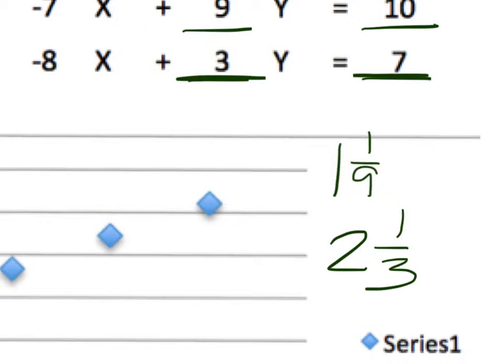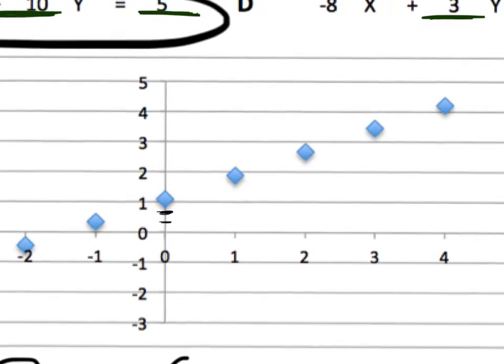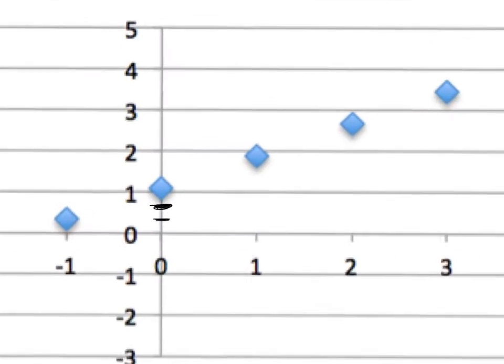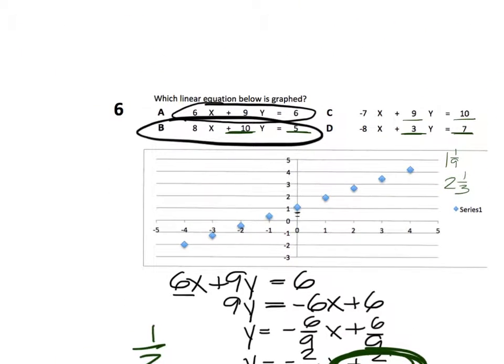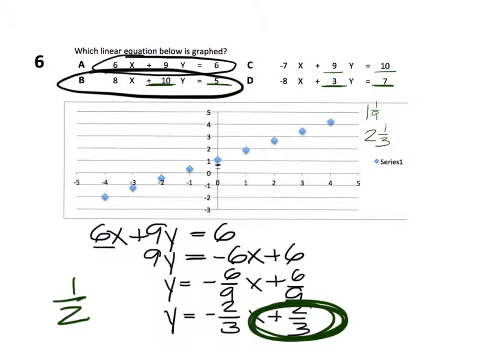So our two choices are down to 1 and 1/9 or 2 and 1/3. Which will this be? It'd be how much? 1 and 1/9, yeah. And the 1 and 1/9 came from C.